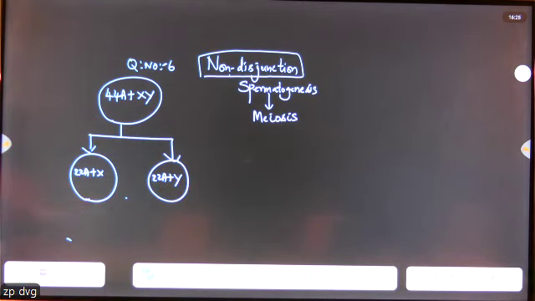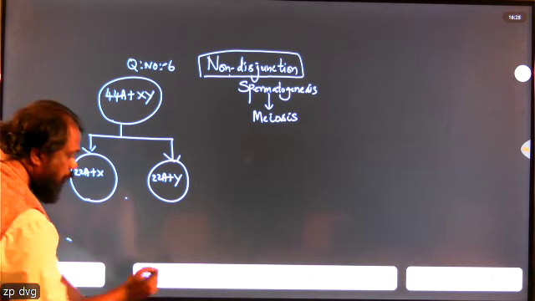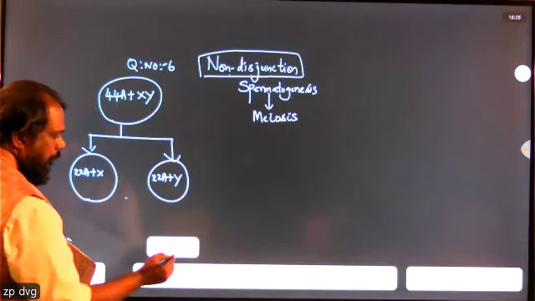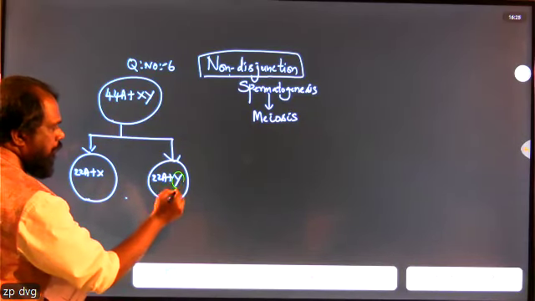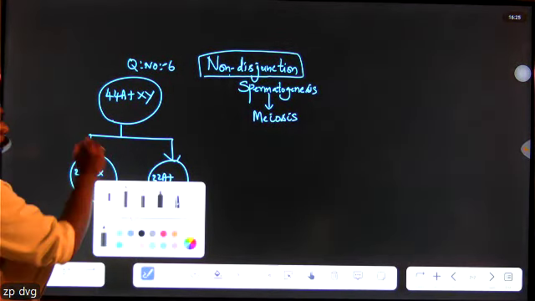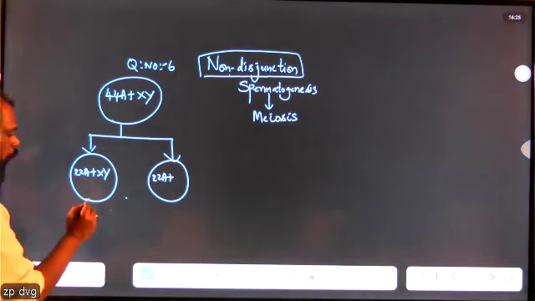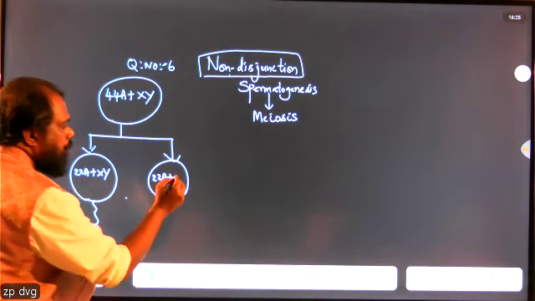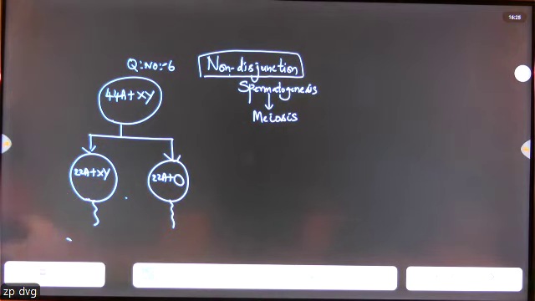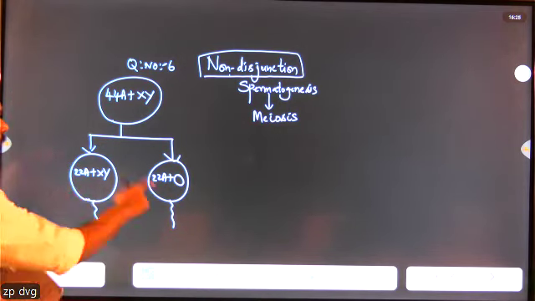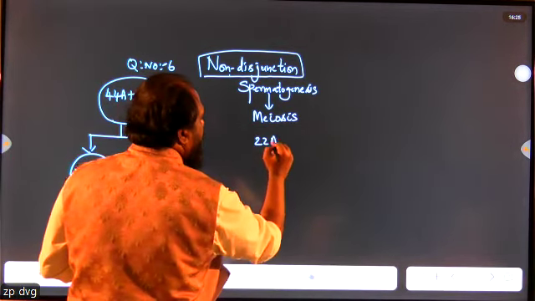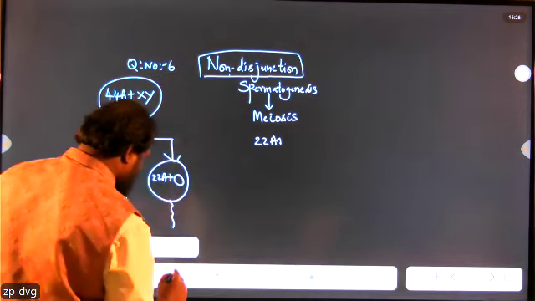But what the question says, due to non-disjunction, hope you remember what is non-disjunction, one sperm consists of both X and Y. The other sperm does not have any sex chromosome. O signifies absent.